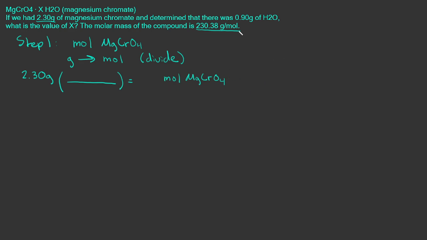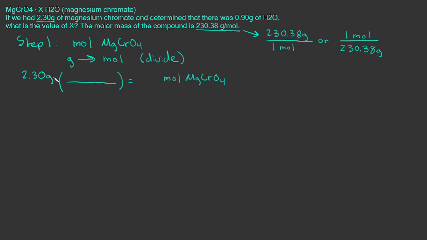The way we do this is by using the molar mass. Remember, this could be written two different ways. Either it's written as 230.38 grams over 1 mole, or as 1 mole over 230.38 grams. Our job is to figure out which one we're using.